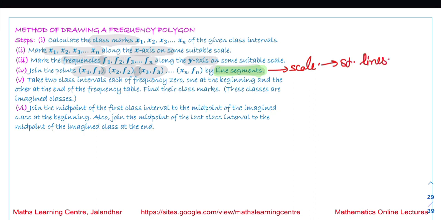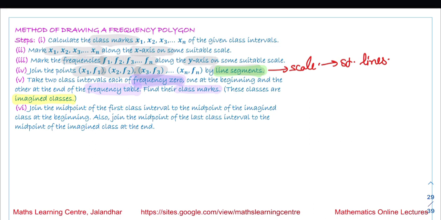Then take two class intervals each of frequency 0. We are talking about two class intervals we have to take, one at the beginning and the other at the end of the frequency table. Find their class marks. These are called the imagined classes or imaginary classes.